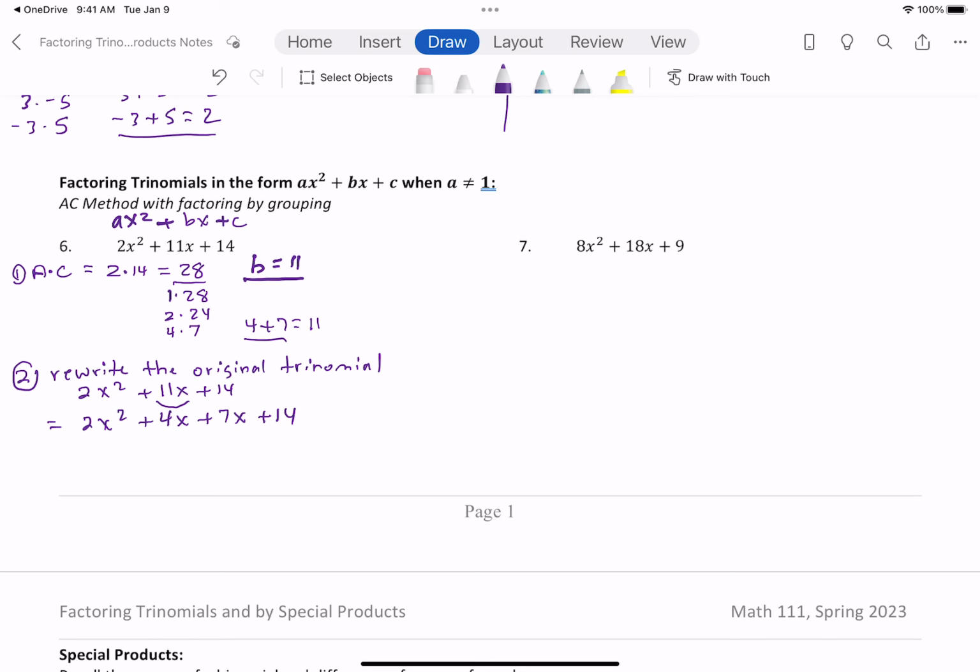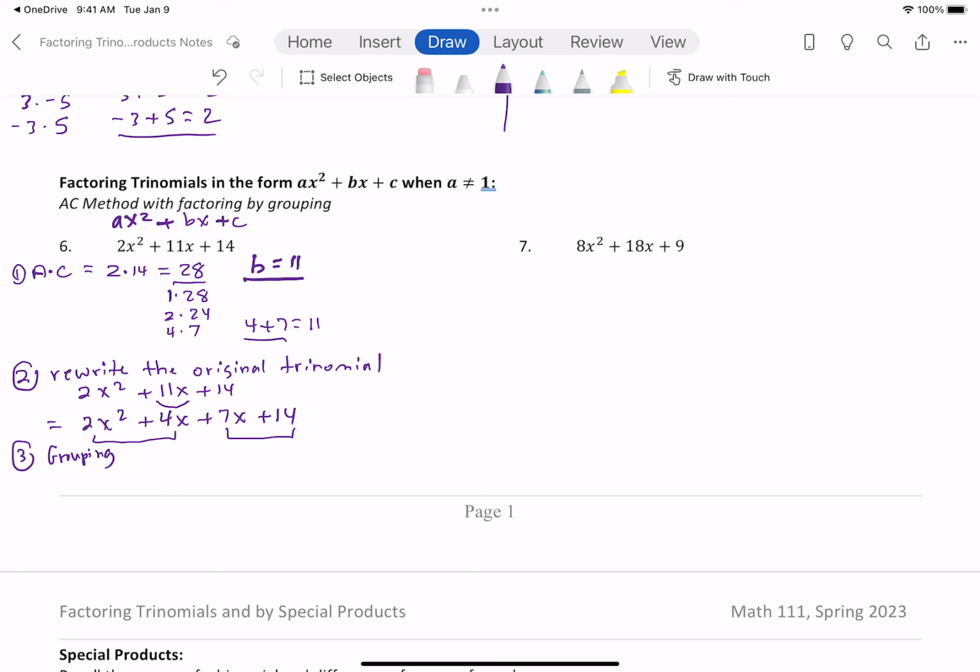If you see what we've ended up with, I now have a polynomial with 4 terms. And if you think back to the previous lesson, when we had 4 terms, we used grouping. And remember, we just grouped the first 2 and grouped the second 2, and we factor a GCF out of each pair.